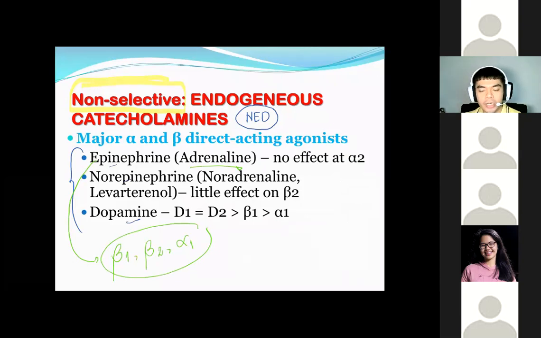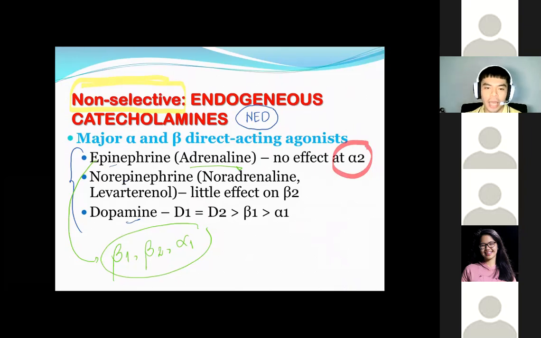As you can see, both beta and alpha are being targeted, so non-selective siya. But it is interesting to note that epinephrine does not target alpha 2. Beta lang, 1 and 2, and then alpha 1 lang.